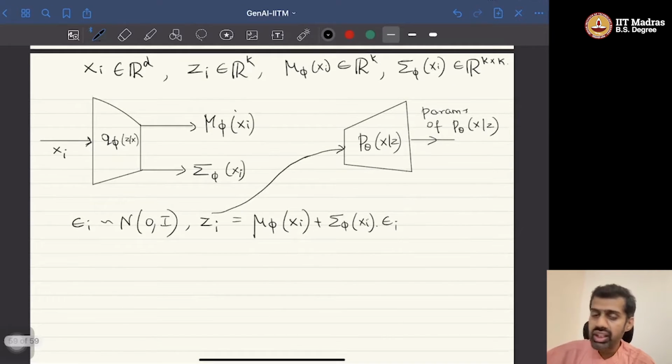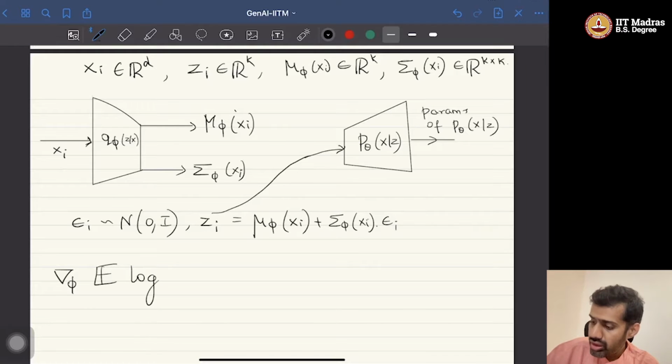So this is how the forward flow, the data flow, is happening. Now what we are interested in is computing the gradient of the expectation of log p theta of x given z, with respect to q phi of z given x. So this is the gradient that we wanted.